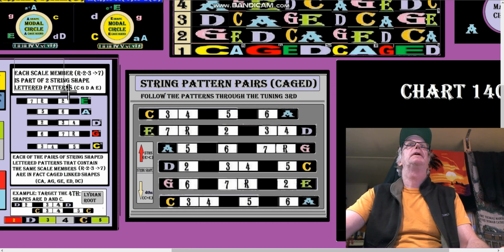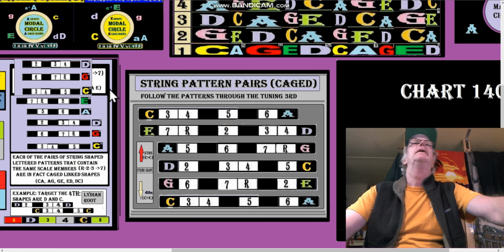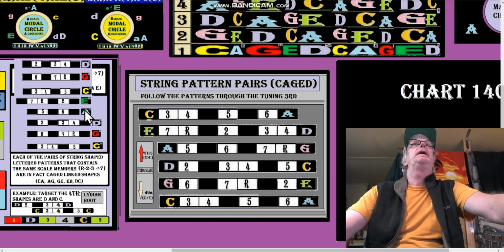It would look something like this, right? In that case, you'd be playing your A shape, and you'd get your 5 root 3 right there.